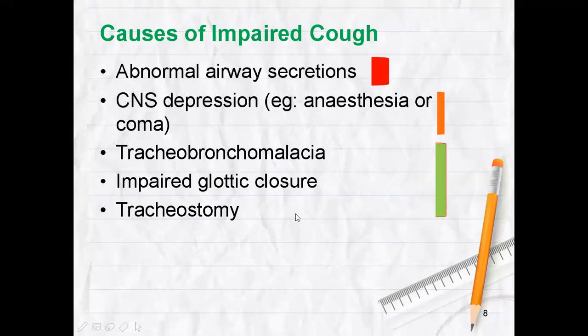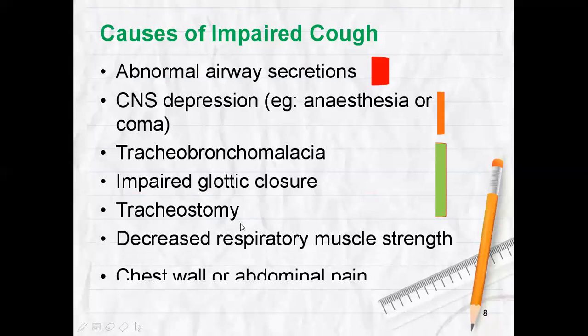Tracheobronchomalacia is a condition in which the walls of the airway are so weak that they are often compressed by the surrounding structures and cannot take the pressure that is generated during cough reflex. Impaired glottic closure will cause impaired formation of the intrathoracic pressure, and tracheostomy also acts similarly.